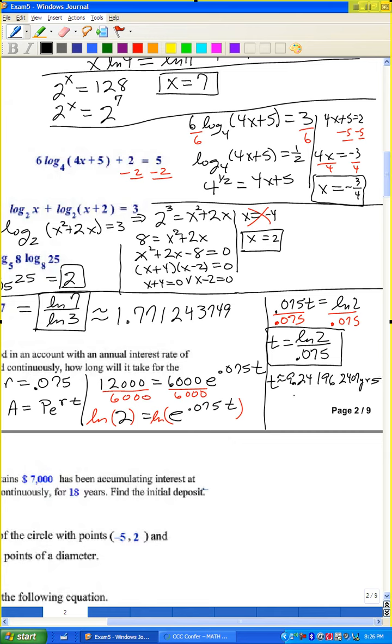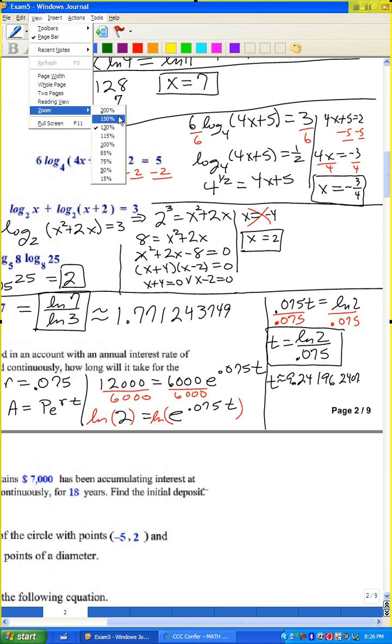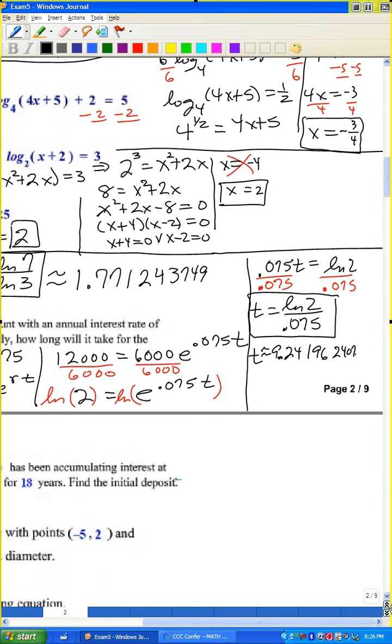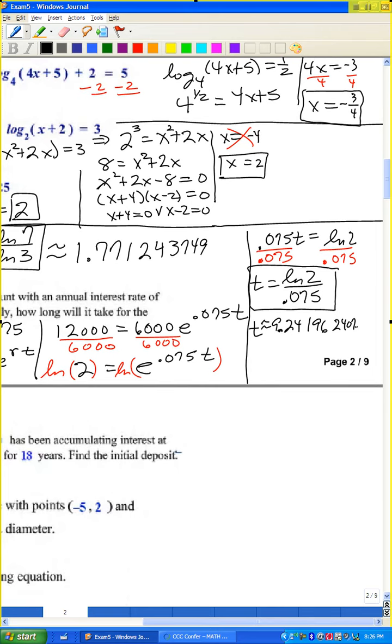So approximately, so years. Let's see if I can put years in here. It's very hard to. Okay, good enough. So t is approximately 9 years.